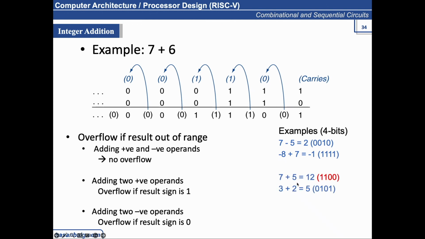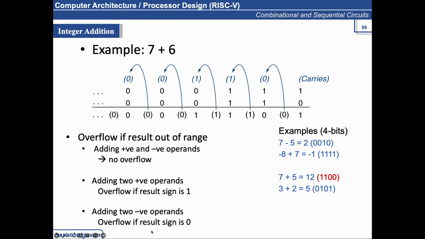Example, 7 plus 5 equals 12. We cannot represent 12 in 4 bits because the sign bit is 1, so it clearly indicates that the result is overflowing. Again, be ready for similar exam questions. You might be given a number represented in 4 bits or 5 bits or 6 bits. You will be required to determine whether the result will overflow or not.